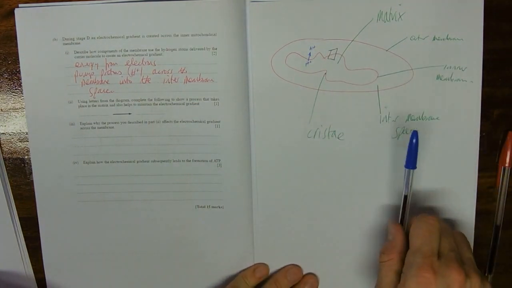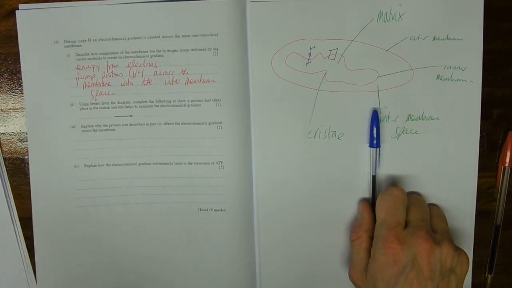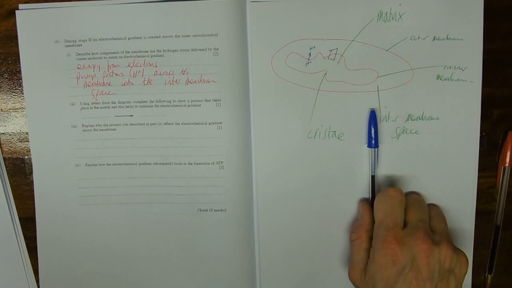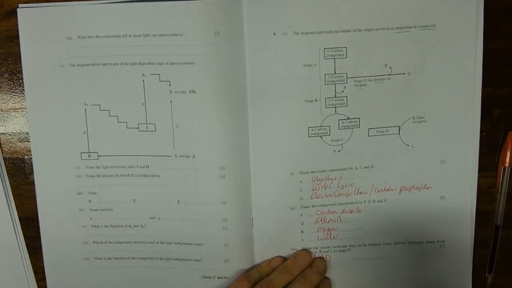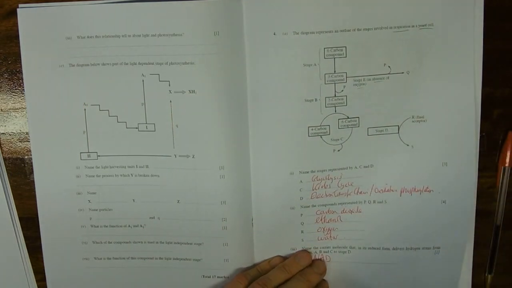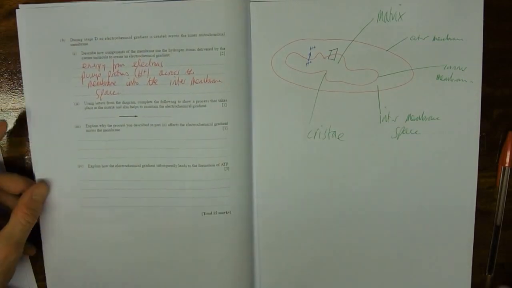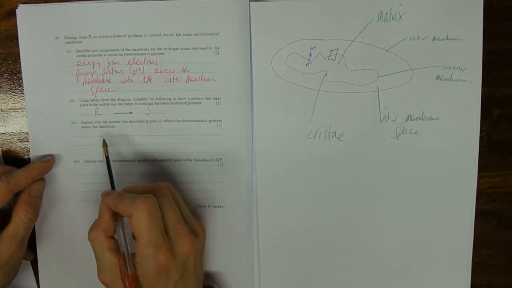Using letters from the diagram, complete the following to show a process that takes place in the matrix that maintains this electrochemical gradient. Well, with not many letters to go at, the answer is R going to S, and underneath is the explanation.